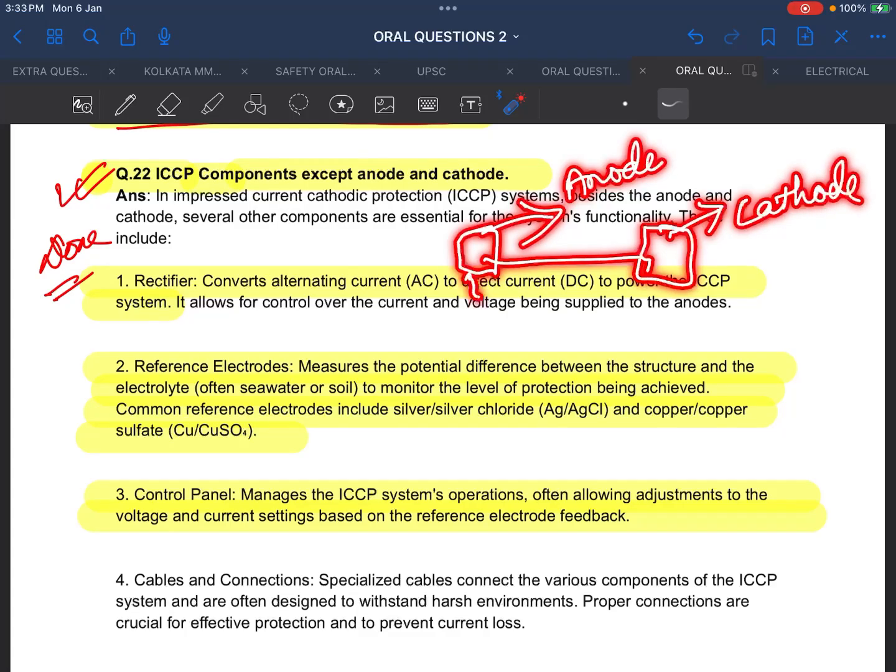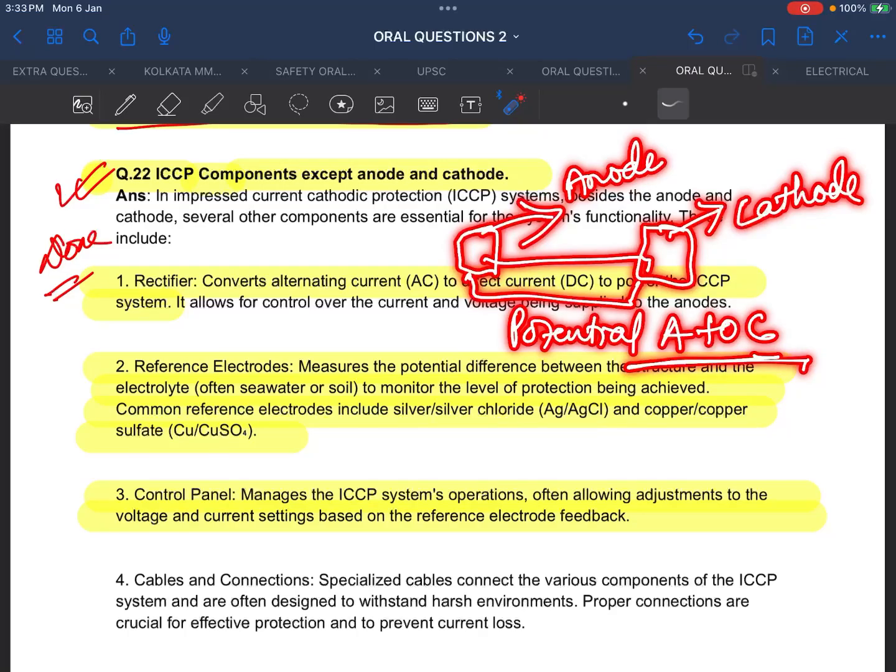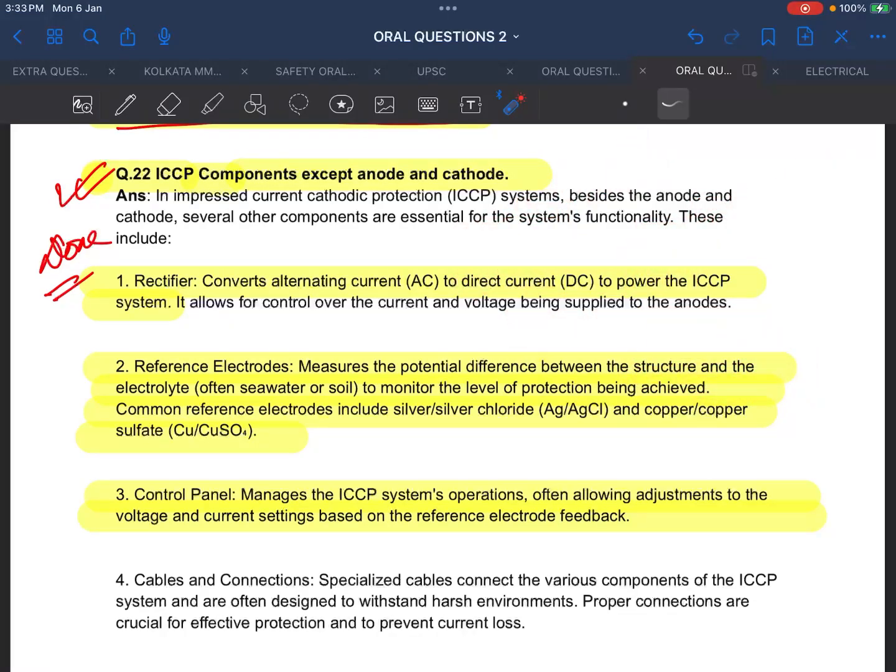Due to these two dissimilar metals, a potential difference is created between anode and cathode. It means the less active material and the more active material, because they are two different dissimilar metals, have a potential difference between them, and due to this potential difference a corrosional current will flow, and this corrosional current will corrode the ship hull.